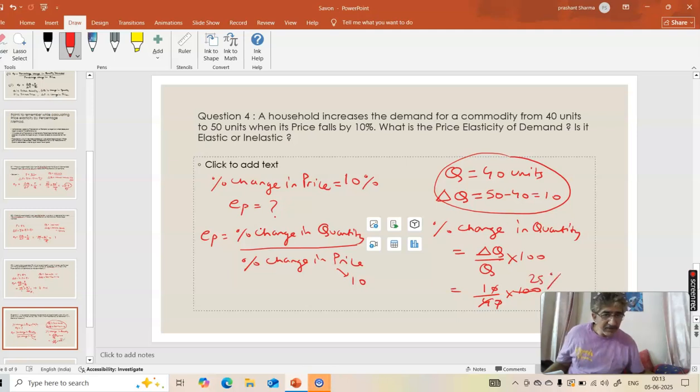So 25% is the percentage change in quantity. Now EP: percentage change in quantity is 25% upon 10%, which is already given. I'm doing away with the percentage sign, just 25 upon 10. How much do you get? 2.5. So this is your answer.